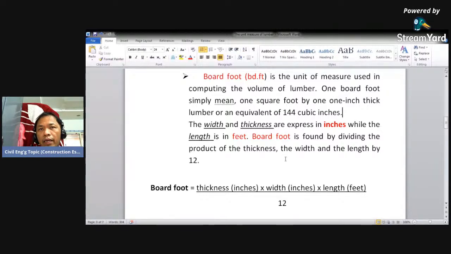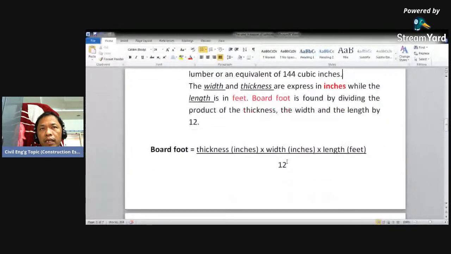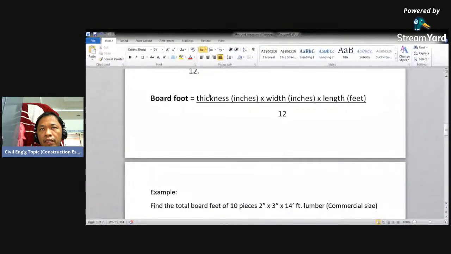So we will multiply the thickness, the width, and the length, and divide by 12. So this is the formula now. Board foot equals thickness in inches, times the width in inches, times the length in feet, divided by 12.